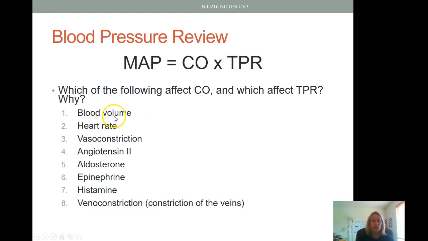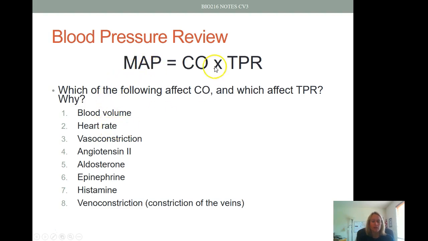So blood volume. Blood volume is going to affect the venous return. That's going to determine the preload on the heart. The preload then affects the stroke volume, and the stroke volume affects the cardiac output. So blood volume is going to directly affect cardiac output and mean arterial pressure that way.